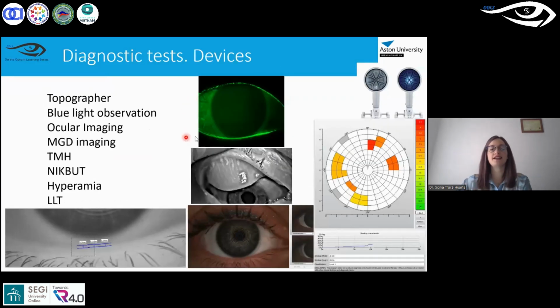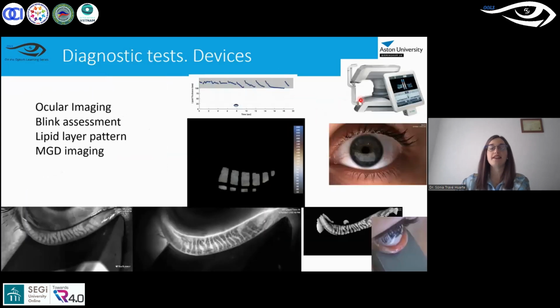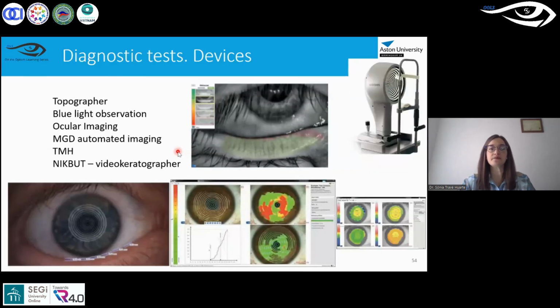Some others are not as automated, but you can still grade it on your own, such as the K5 or the Med1 Meridia. And then we have the LipiView. The LipiView actually assesses not only the breakup time, the lipid layer thickness and the blinking, but it will actually image those glands for you with a very high quality image.